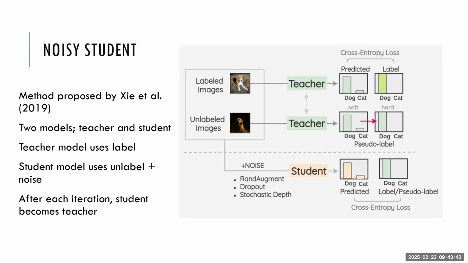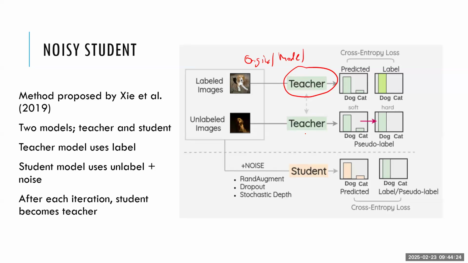Now we have 2 models. We have a model called teacher, and a model called student. As the name suggests, the teacher would generally be more accurate than the student. The teacher is basically the original model, the model that only uses the labeled data, so the teacher is using the correct label.